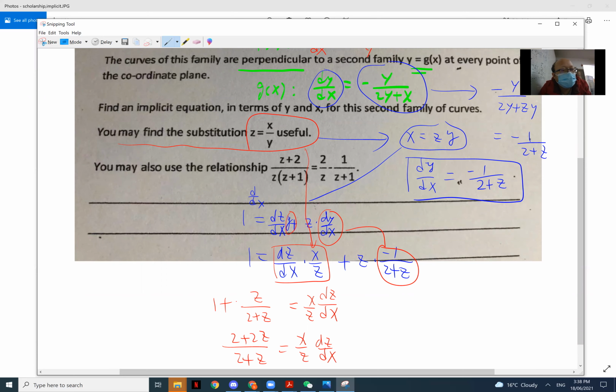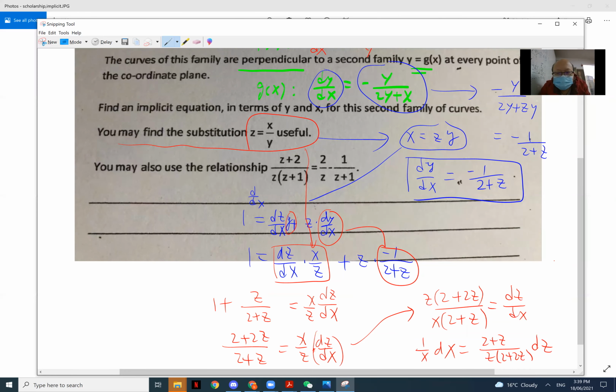It's called separating variables already. Okay, we can separate the variables: dz/dx just equals something times z divided by x. Anyway, up to here you can separate the variables. So 1 over x dx equals (2 plus z) over 2z dz. The variables are separated already.